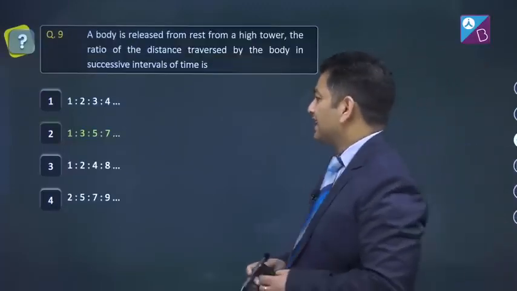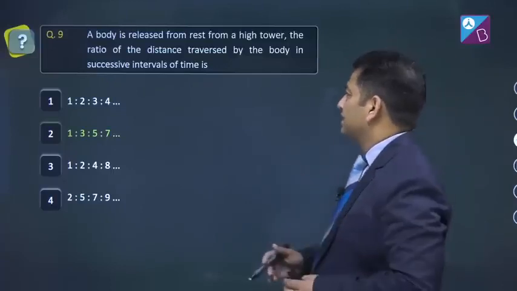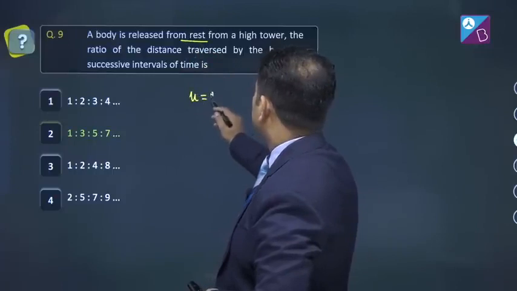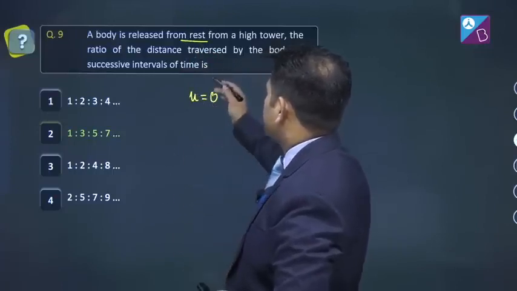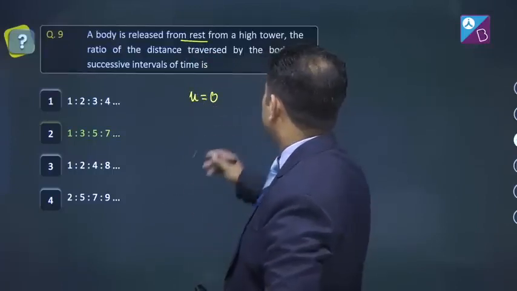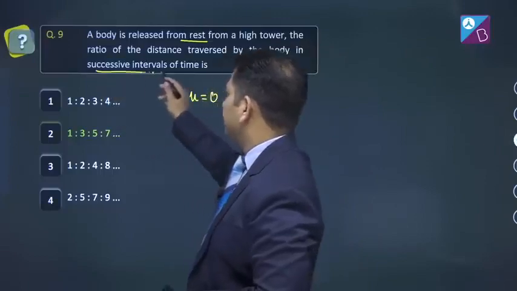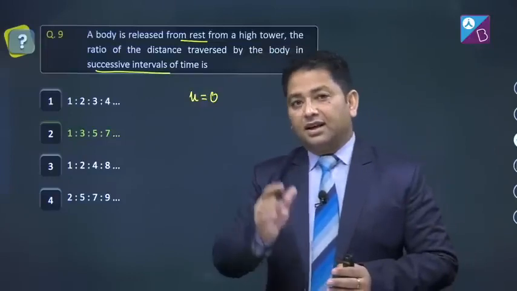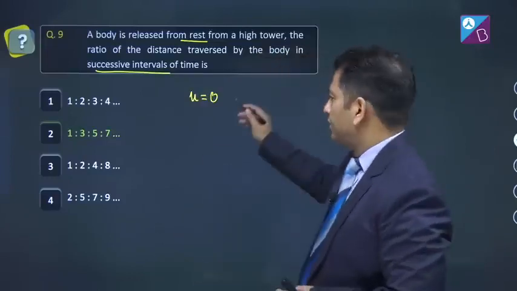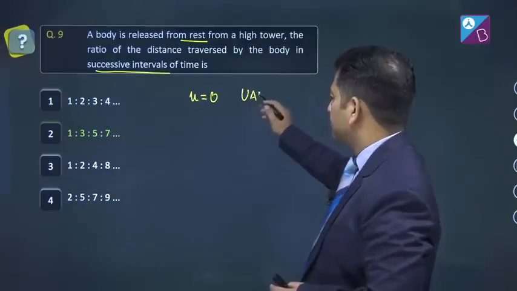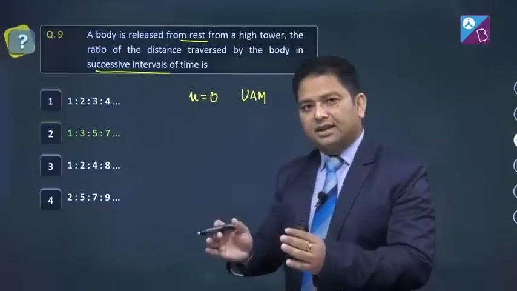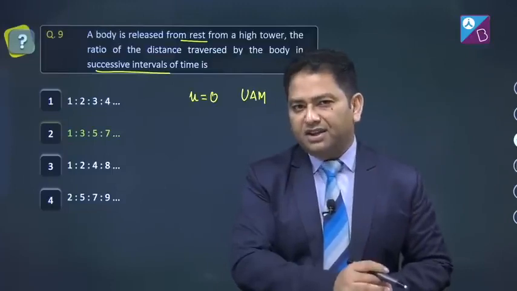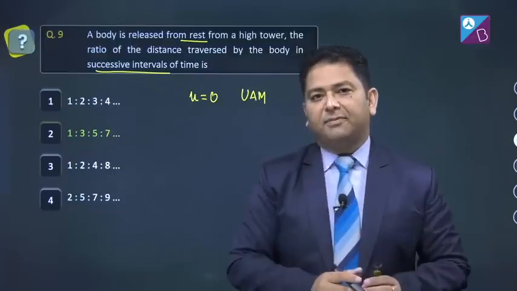Question number 9. क्या कहता है? A body is released from rest, यानी initial speed 0. The ratio of distance traversed by the body in successive interval of time. This is a straightforward fact-based question कि अगर motion uniformly accelerated है, जो कि हमारे case में it is, because the acceleration present is acceleration due to gravity and that is constant.